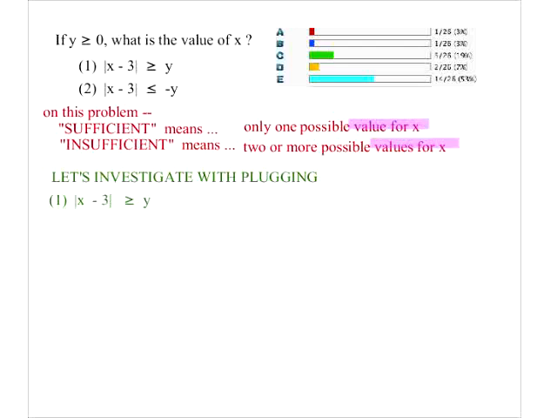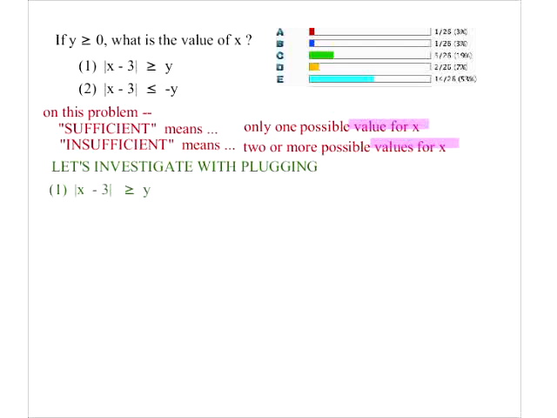When you're doing algebra, it's a little bit different, but when you're plugging, your goal is to try to get two or more values for x, and if you can't, then you give up and say sufficient. So goal: try to find two or more values for x. If you ever find two or more x's, then stop, and it's insufficient.